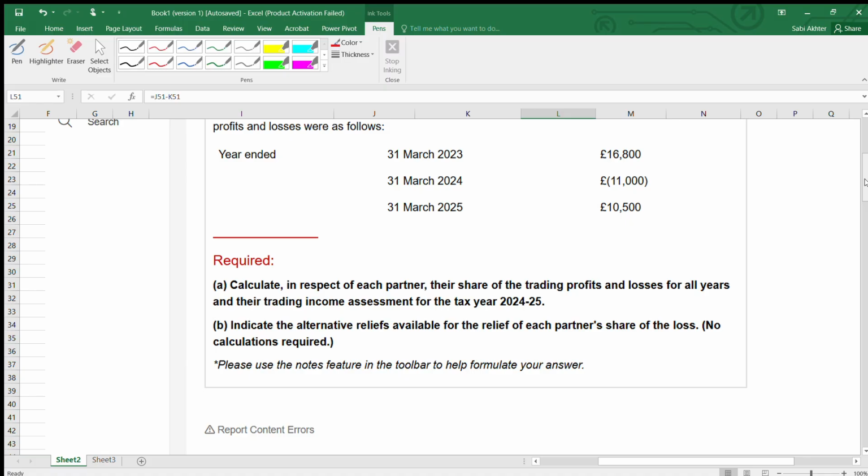So from 23-24, go 3 years back: 2021-22, 22-23, and 23-24. Next, against own total income of 23-24 or the previous year 22-23. Then carried forward against the first future trading profit of the same trade, 24-25 and the later tax years.